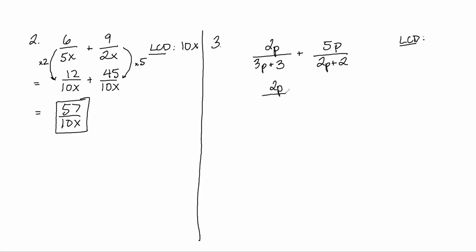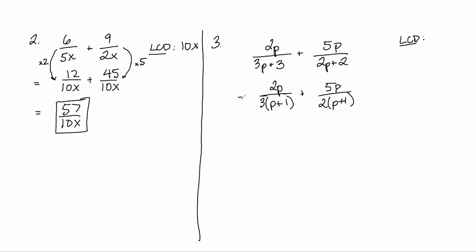So 2p over, now if we look at this, we can take a 3 out, and we're left with a p plus 3 divided by 3 is 1. Looking at our second fraction here, we can take out a 2. So leave the 5p on top, factor out a 2, and then we have p plus 1.